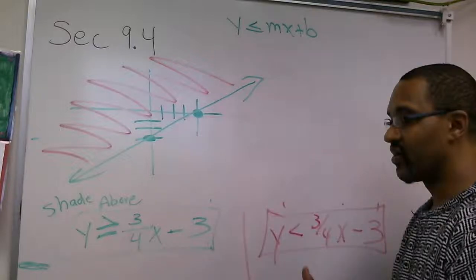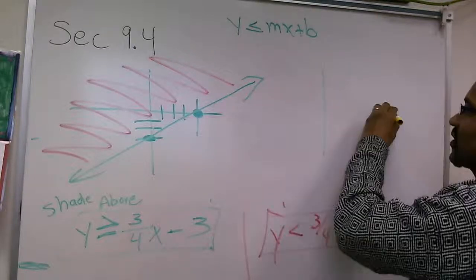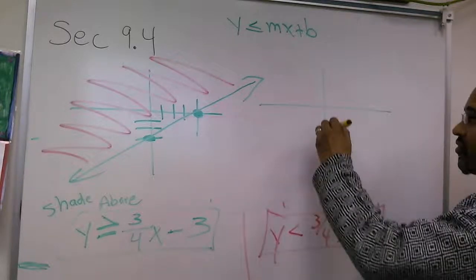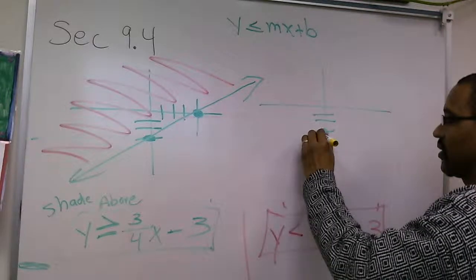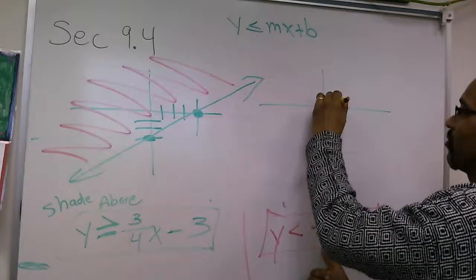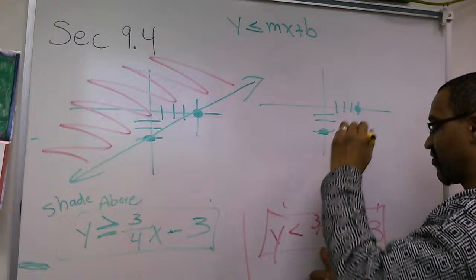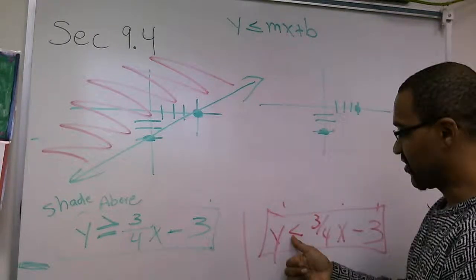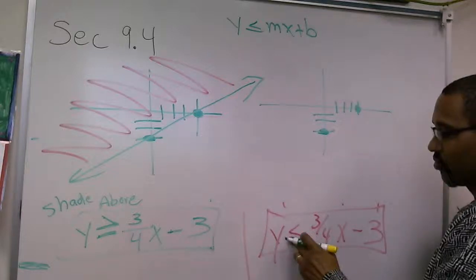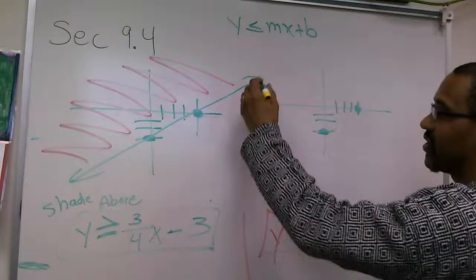The other graph is slightly different in that, again, we begin at the negative 3. 1, 2, 3. Now we move by the slope. Up 3, 1, 2, 3, over 1, 2, 3, 4. The difference is this is less than, not less than or equal to. There's no line underneath here, which means instead of a line being solid, it's dotted.